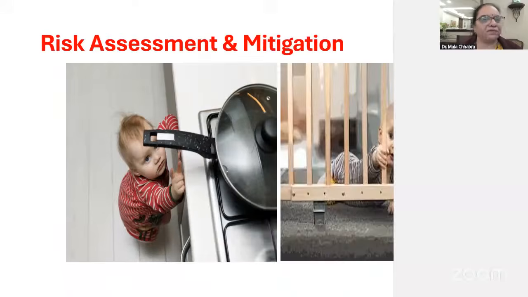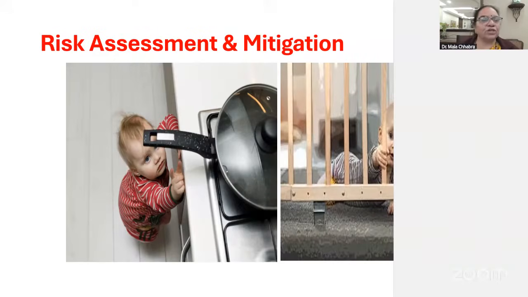Now it becomes a risk. Now see another photograph. Now what have you done? You have put a gate on the kitchen door so that the child cannot enter the kitchen. What is this? This is risk mitigation. You have assessed the risk that, okay, there is a pan of boiling water. It was just there in the kitchen, nobody in the kitchen, nothing happens.